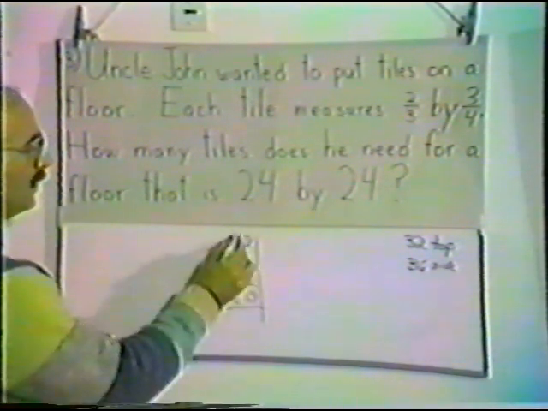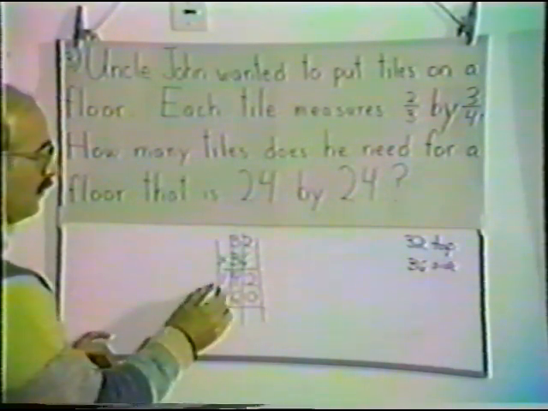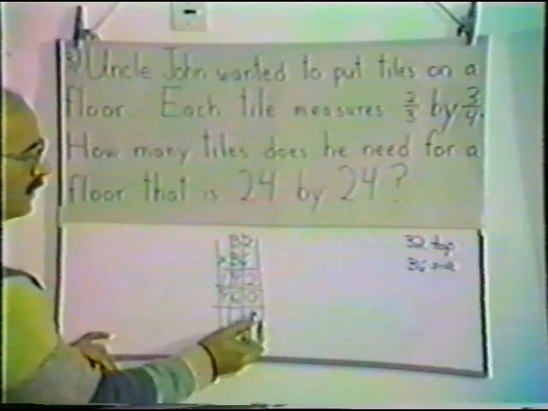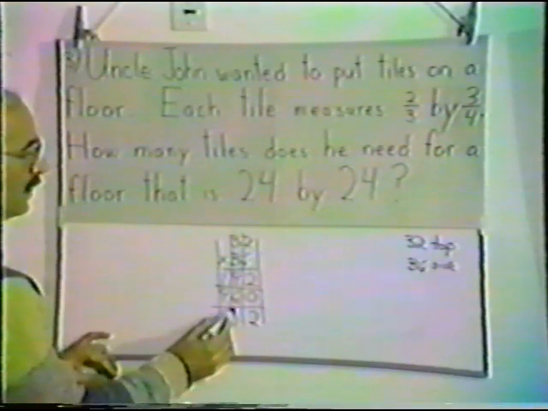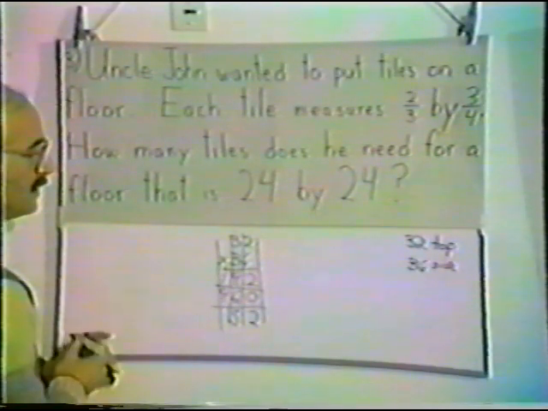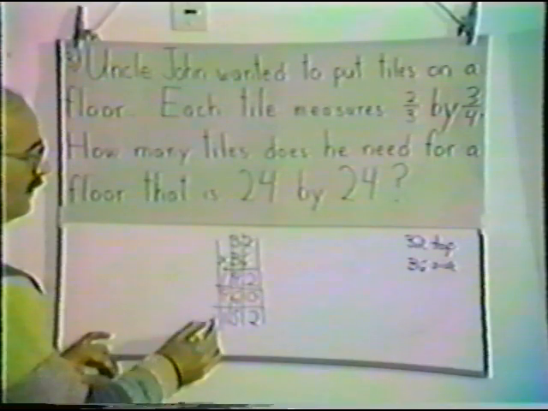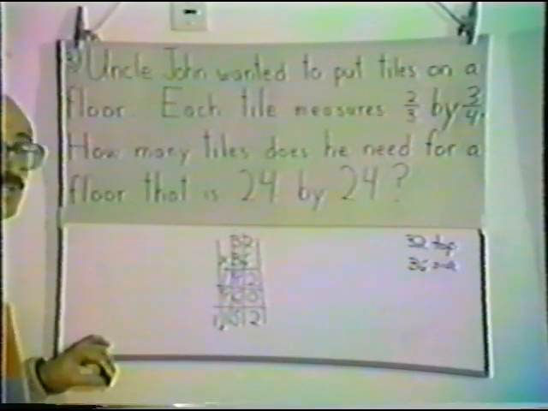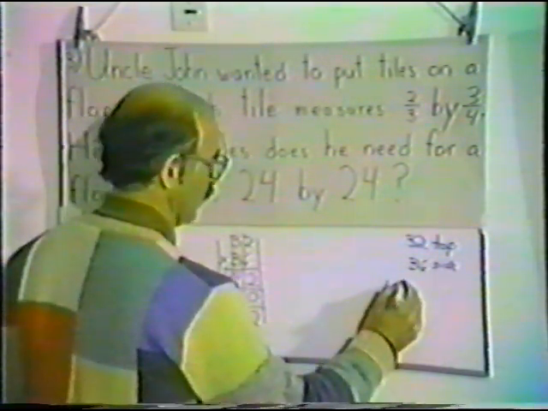Sometimes we like to put in the boxes just to make sure we don't make a mistake. 2 plus 0 is 2. 9 plus 6 is 15. Carry the 1. 1 plus 1 is 2, plus 9, 11. 1,152 tiles are needed for this floor.